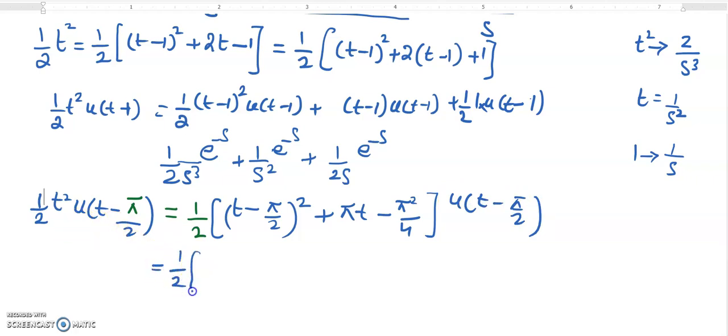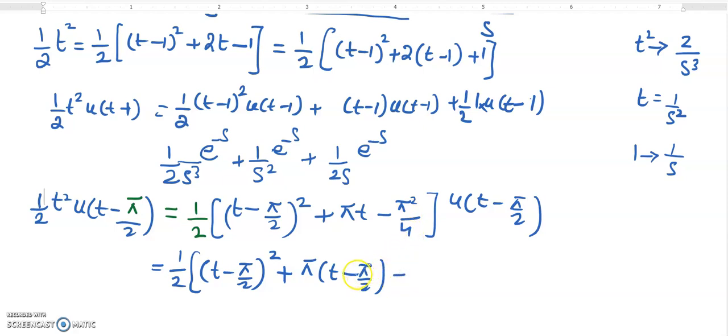We will further standardize it. So this t should also be t minus pi by 2. So now it is pi t minus pi squared by 2, and it should be pi squared by 4.